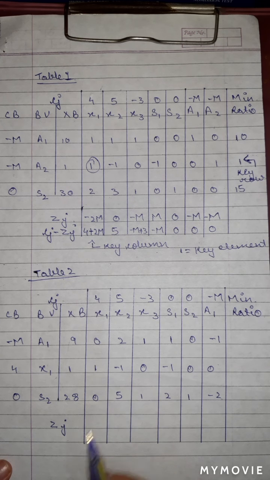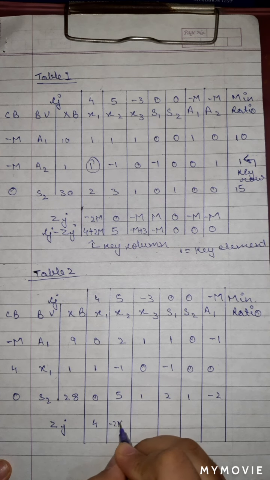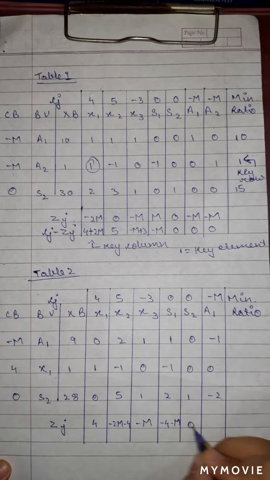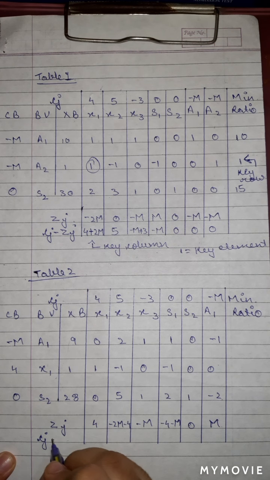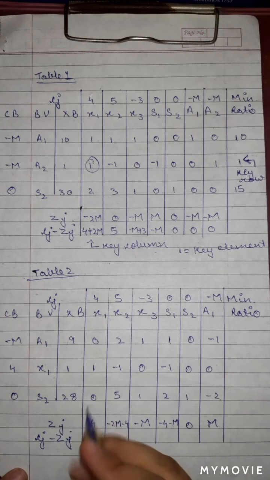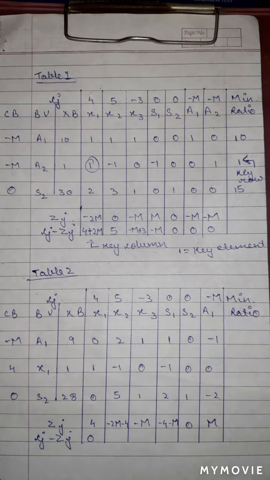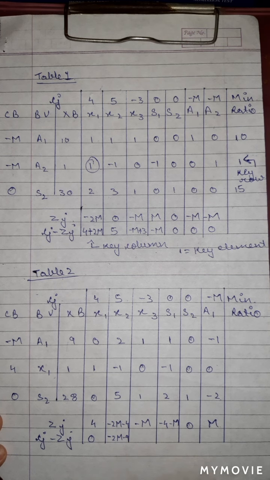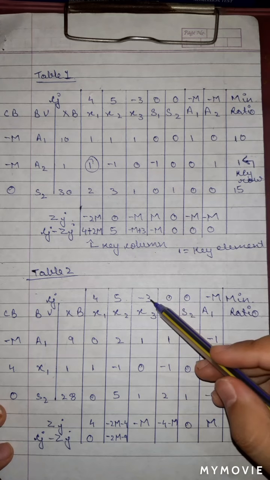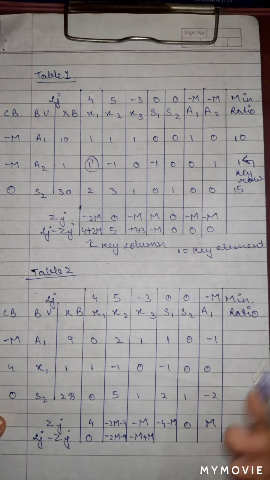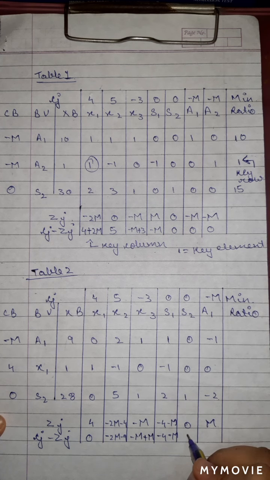So it is coming out to be 4, -4, -M, 0 and M. Now Cj minus Zj is coming out to be 0, then -9, this minus this, -M plus this minus this, -4 minus M, 0 and 0.